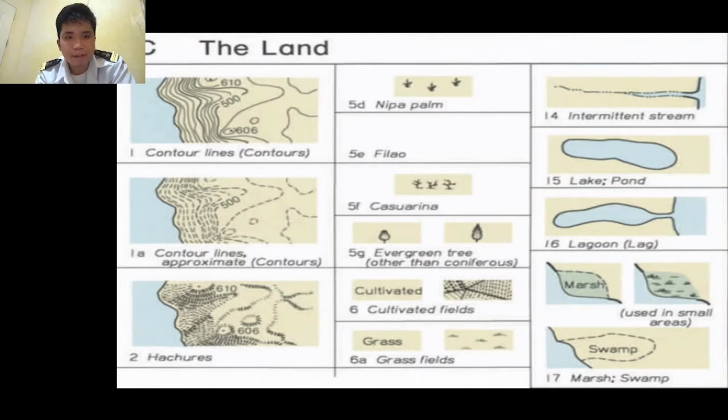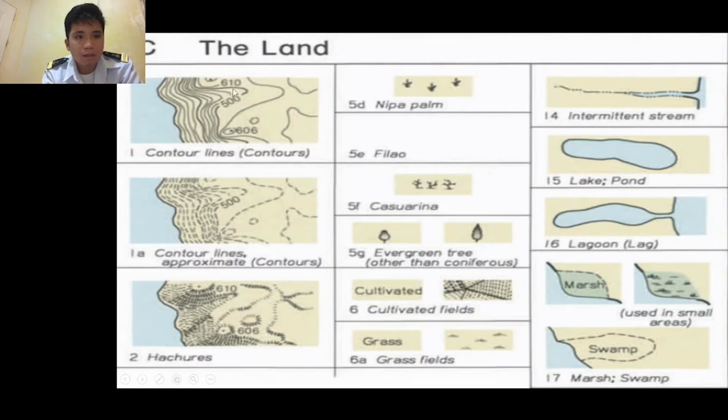So now the land. These are the symbols or the abbreviations that we can see on nautical charts that are situated on land. The first one, we have contour lines. We all know that these lines are contour lines, meaning they share the same elevation, and contour lines are used in topography.